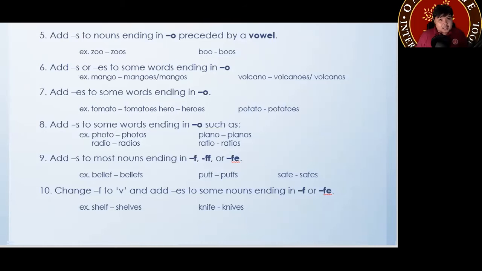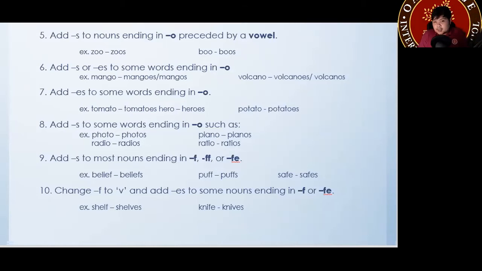Certain rules that I did not know back then when I was studying, I learned when I was reading. So read books that are in English, watch movies that are in English, play games that are in English, right? And that's one of the few ways that you would be able to know which words that end in O would have the S or the ES forms.